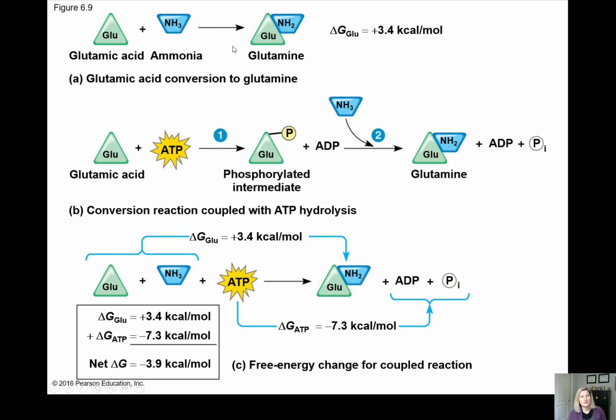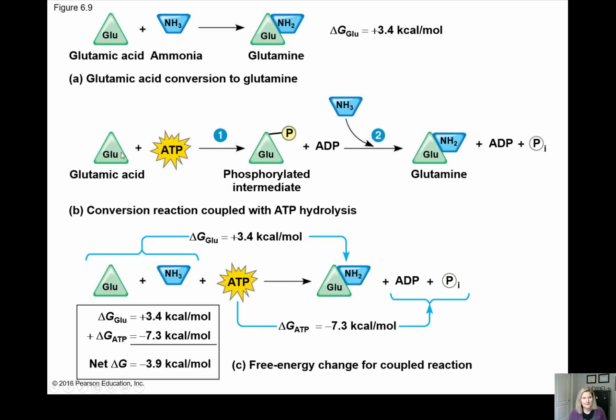So this is not going to be a spontaneous reaction. But if we couple this reaction with ATP's reaction, we can use that free energy that's generated, or that negative amount of free energy, that energy that's lost through that spontaneous reaction, and we can use that to power this reaction. So you can see how the two reactions are coupled.